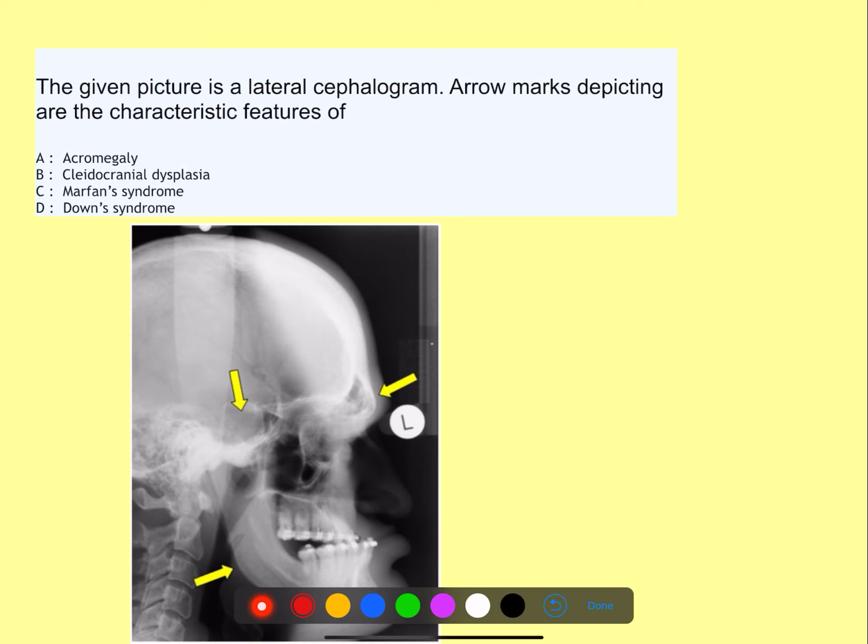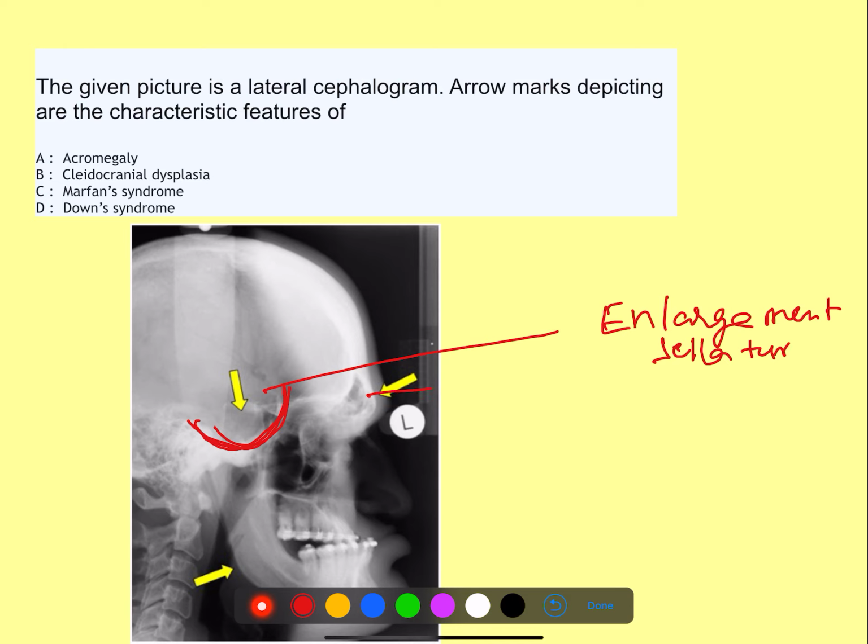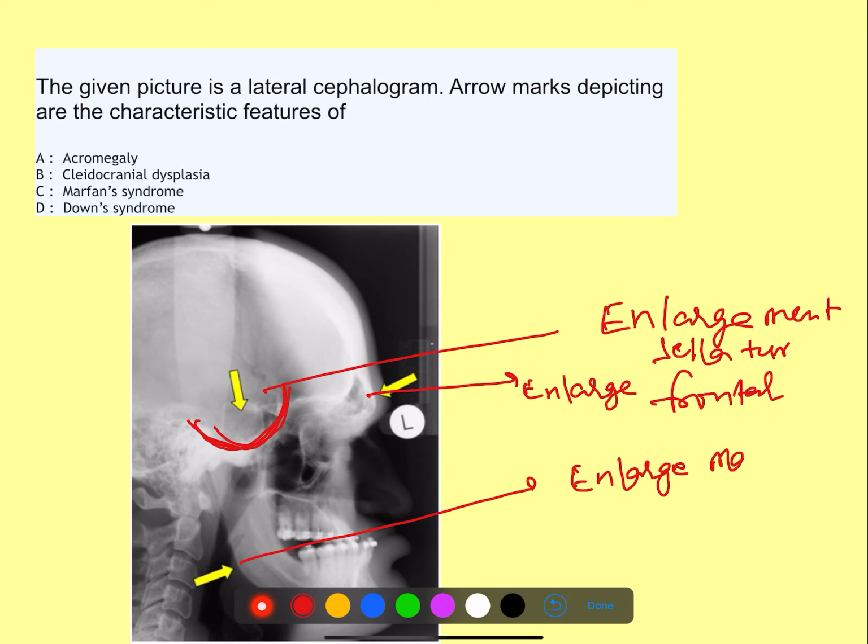The given picture is a lateral cephalogram, arrow mark depicting the characteristic features of. If you see this arrow mark, first there is an enlargement of sella turcica, even the enlargement of frontal bone, and even the enlargement of mandible. So all the facial structures are enlarged.